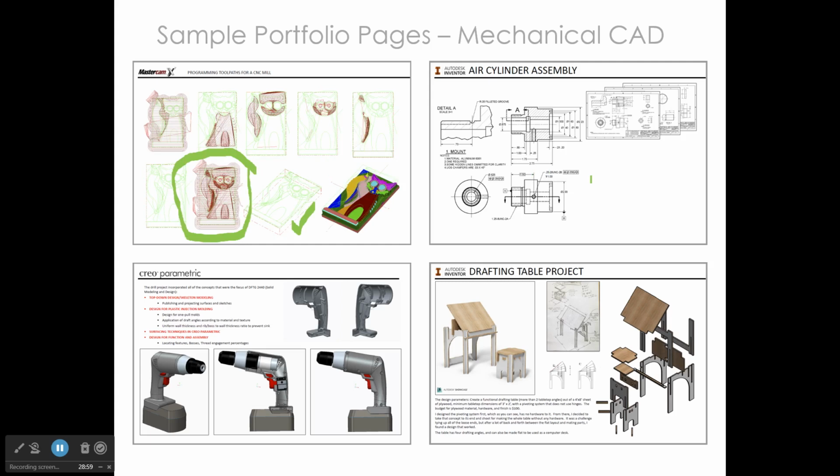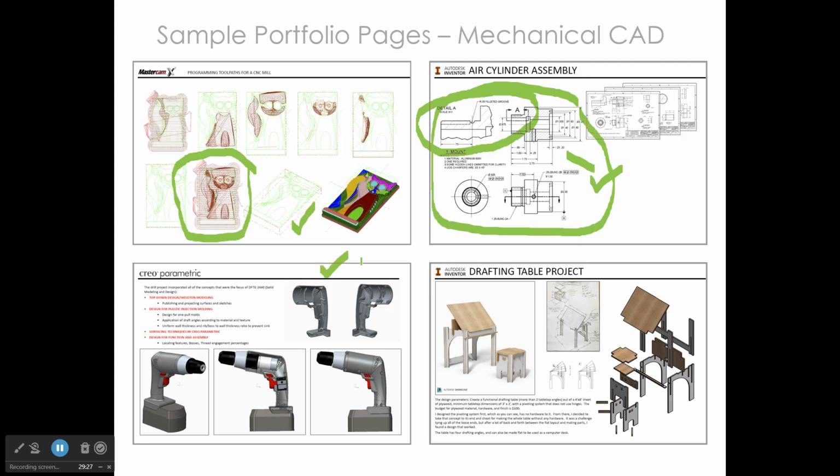Now, here's an example of a detailed drawing, and this was chosen because she has a section view, she has a lot of dimensions on here, and it also includes geometric dimensioning and tolerancing. And she also pulled out a magnified detail view. So she shows a lot of different things on this.